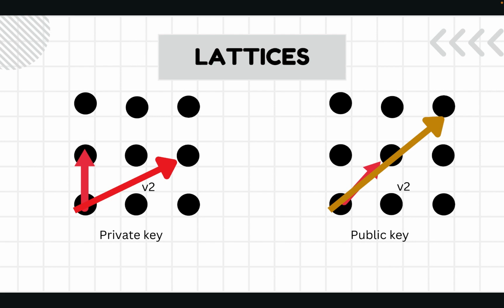And the public key basis, on the other hand, is represented by longer and less orthogonal vectors. This would be derived from the private key through some transformation. This adds structured noise, making it secure yet functional for encryption or digital signature purposes.